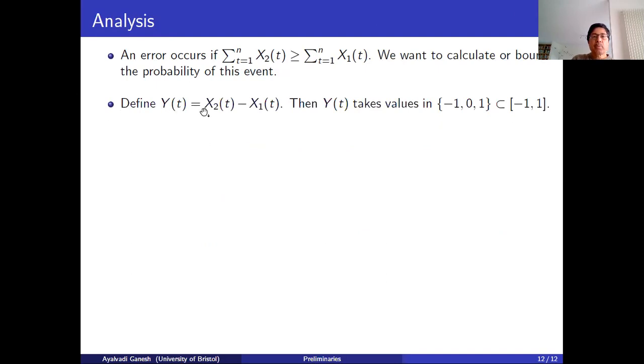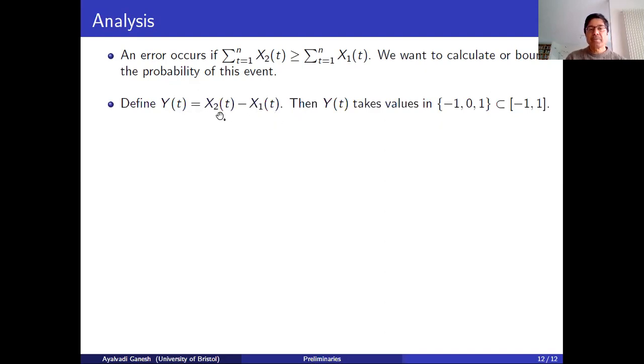So let's define Yt to be this difference at the t-th time step. Notice that we only observe one of these, depending on which arm we play, but we nevertheless define this random variable. No, my notation has changed. So t is the t-th play of this arm, so we do indeed observe both of these.